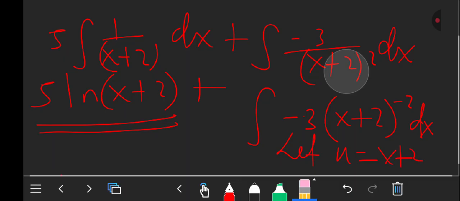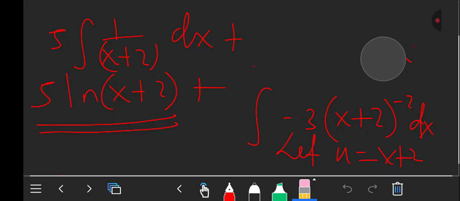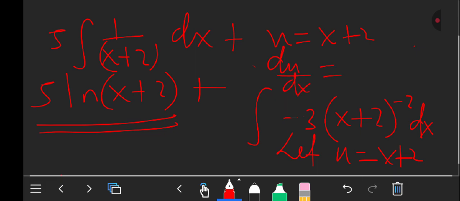So I'll differentiate this: du over dx will be equal to 1, meaning that when I multiply 1 times dx, I'll just have dx is equal to du.